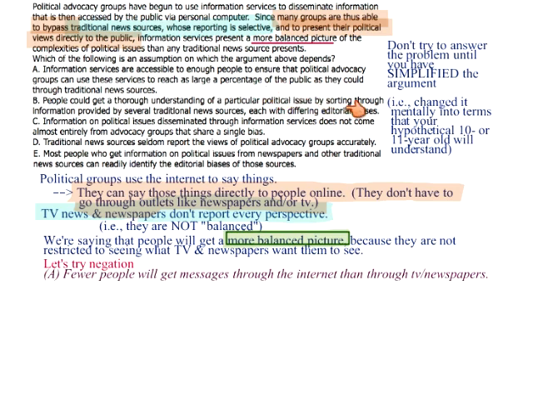B, people could get a thorough understanding of a political issue by sorting through information from several traditional news sources. You should probably be suspicious of this choice anyway, because this is a wrong-way choice. B is saying that you can get a balanced picture from the TV and newspapers, which destroys this whole point. But if you try to negate it, it's going to go the wrong way.